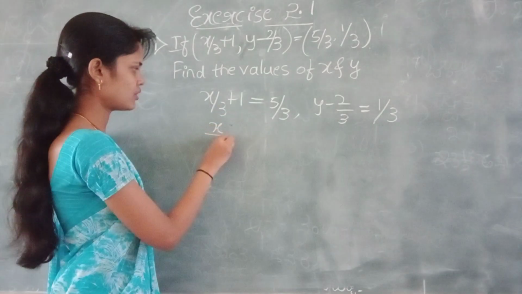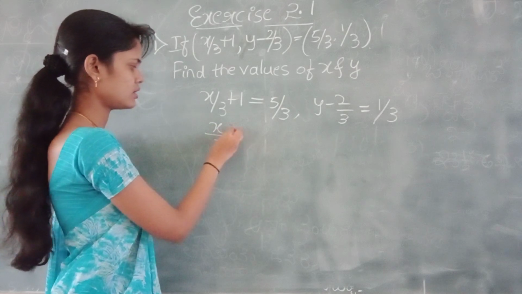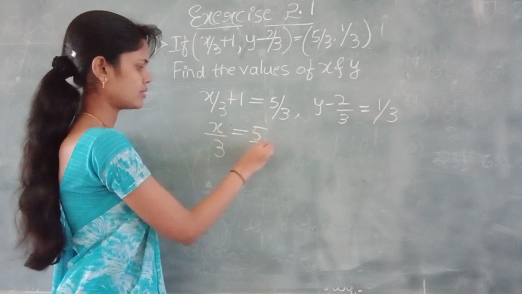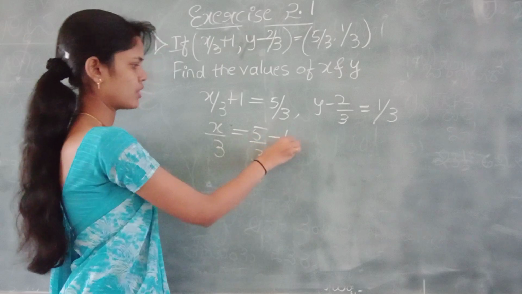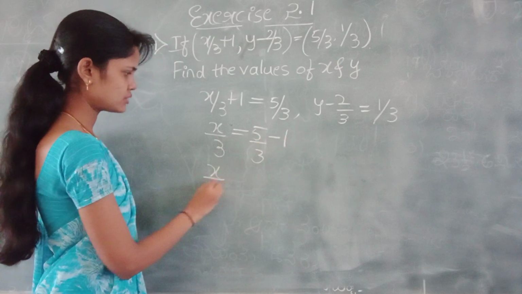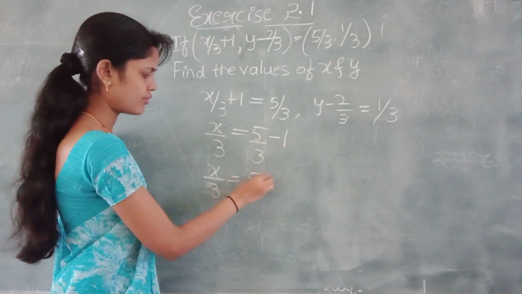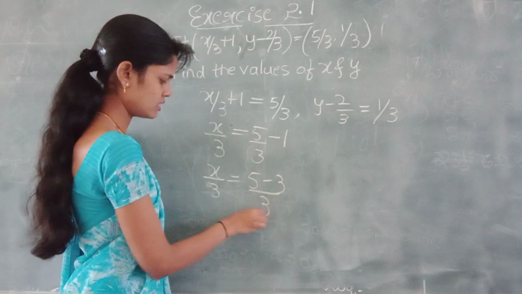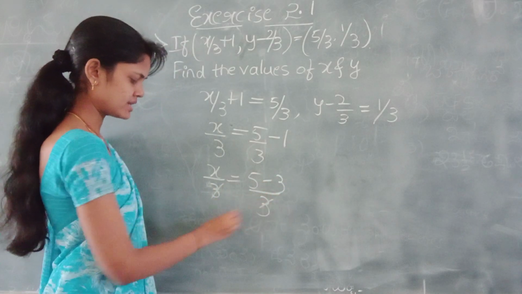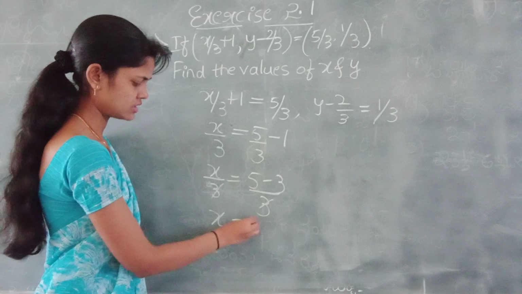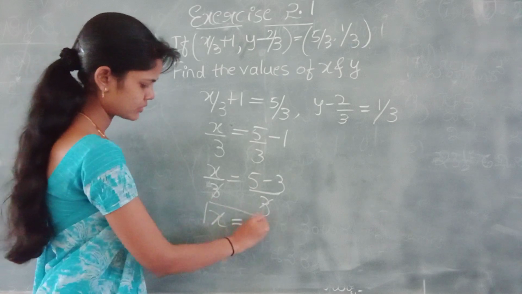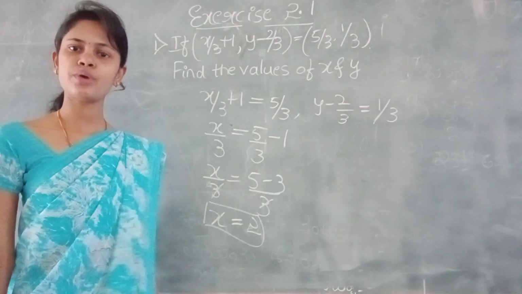So x/3 = 5/3 - 1, so x/3 = (5 - 3)/3. Here 3 gets cancelled. What do we get? x = 2.